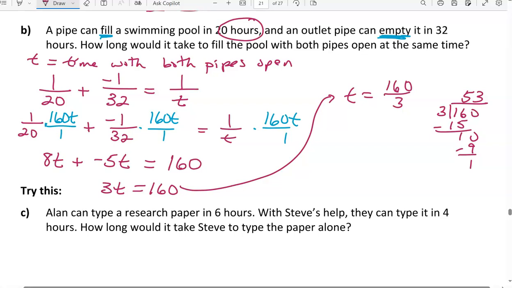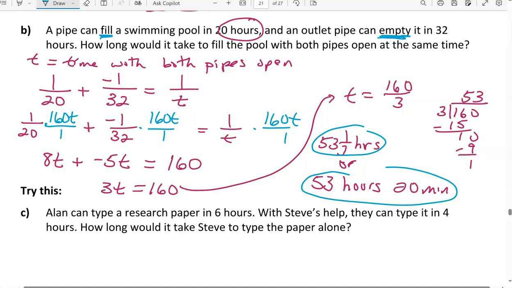So that's going to be 53 1/3 hours, or that would be 53 hours and 20 minutes. I'm saying it, but I can't write it. 53 hours and 20 minutes. So one of those two answers, depending upon which form makes more sense.